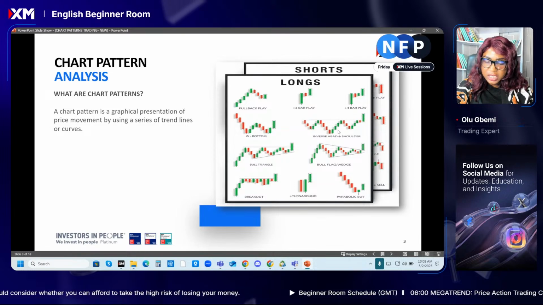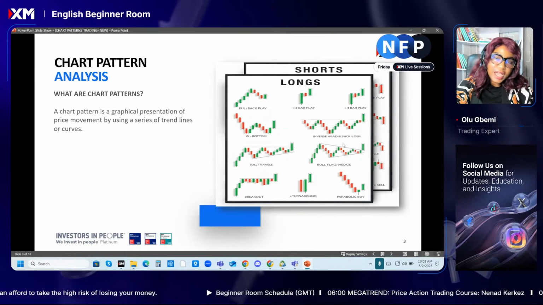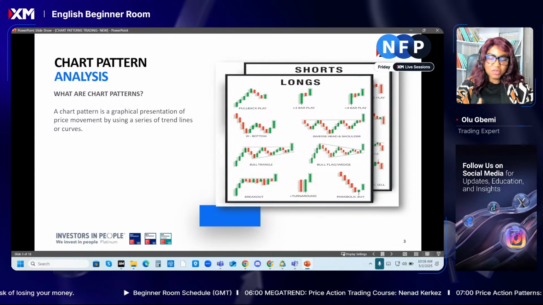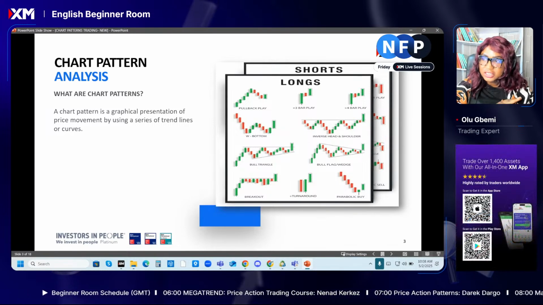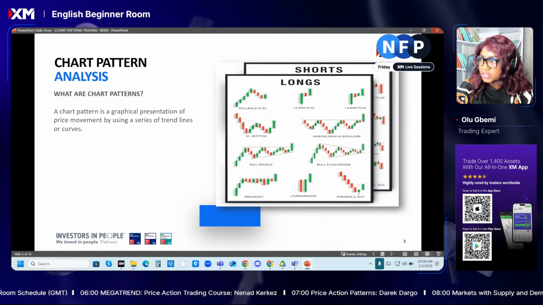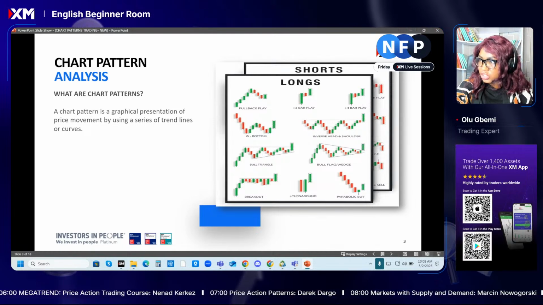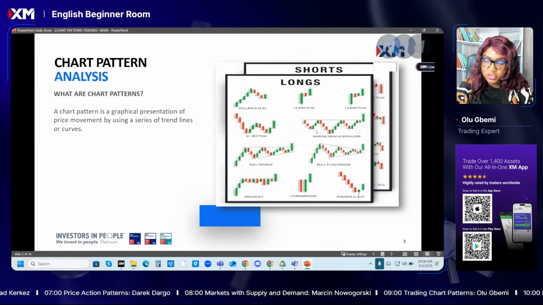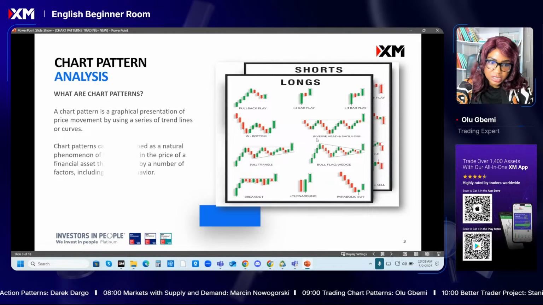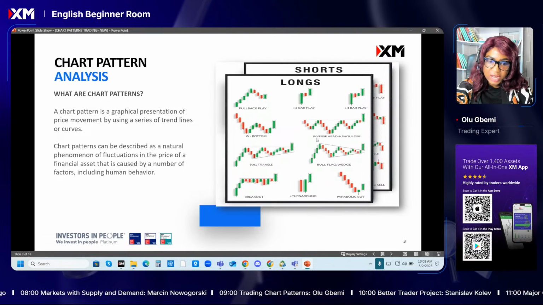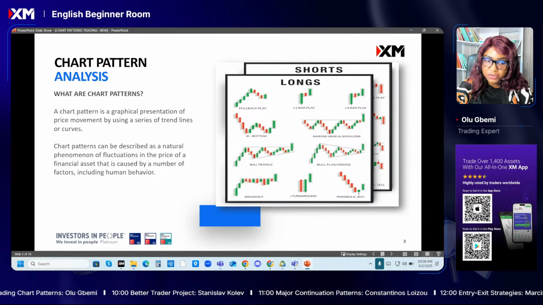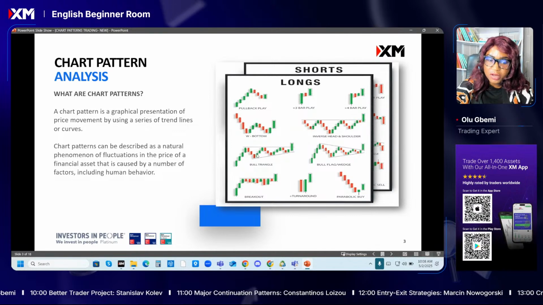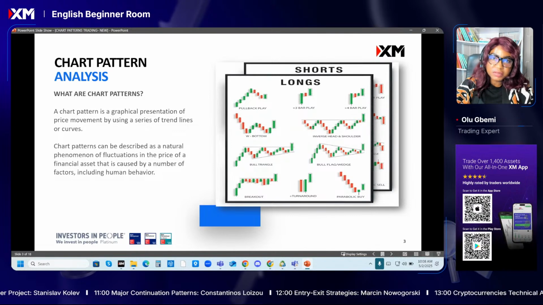Now, it doesn't mean that these patterns are just drawn out on the chart somehow by some people, and then the market compulsorily has to move in a certain direction. No, these patterns are formed based on the psychology of the traders in the market. They are described as a natural phenomenon of fluctuation in the price of a financial asset caused by a number of factors, including human behavior.